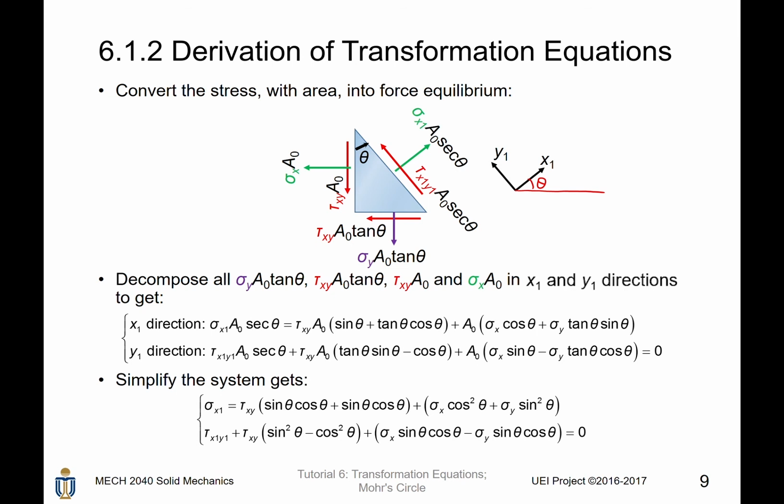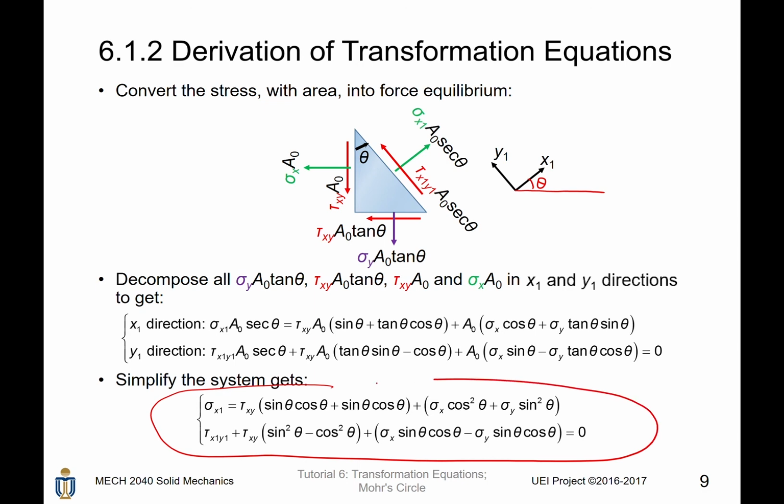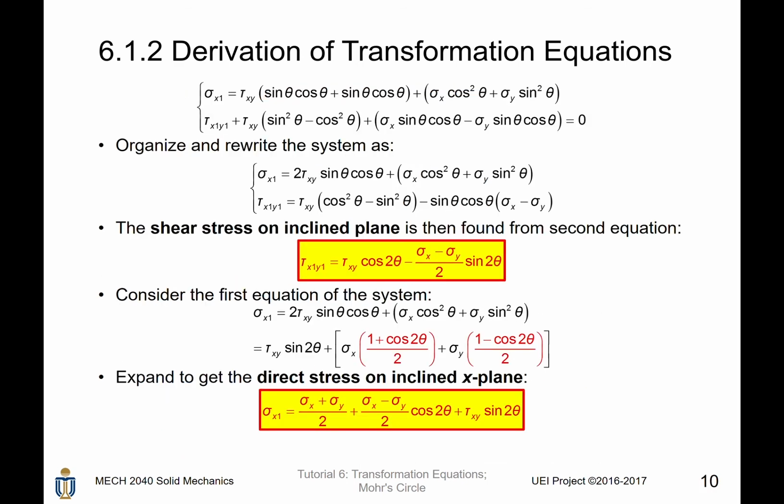Then we try to simplify the system, and we make sigma x1 and tau x1 y1 the subject. Then we can have those two equations. By the system we derived in the previous slide, we rewrite the terms inside this equation by using the trigonometric relationships.